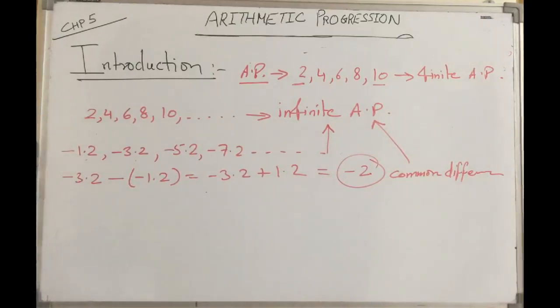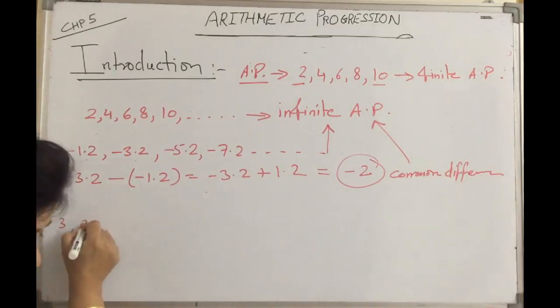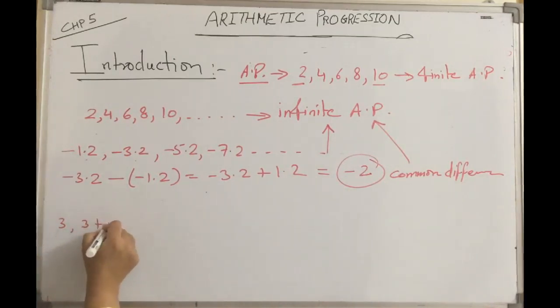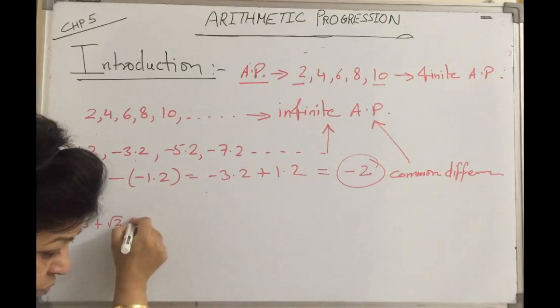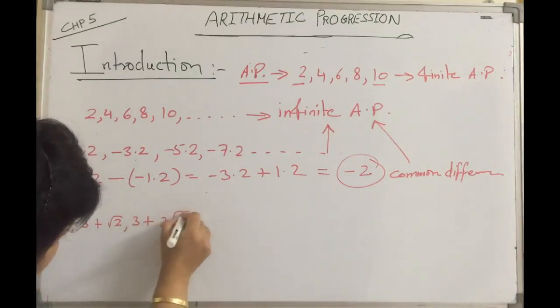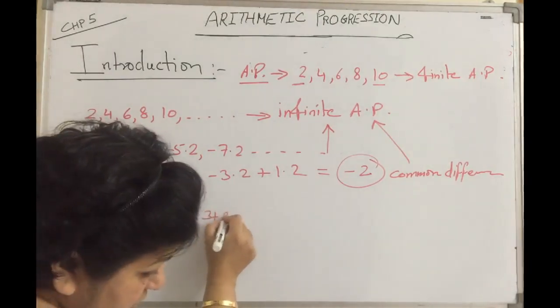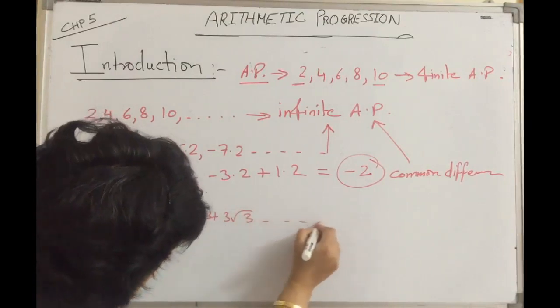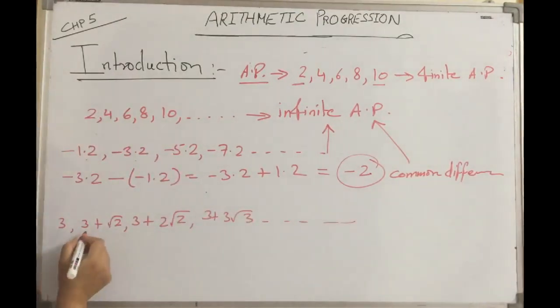Let's take one more example. 3 plus root 2, 3 plus 2 root 2, 3 plus 3 root 2, and so on. Very clearly 3 plus root 2 minus 3 will give you only root 2.